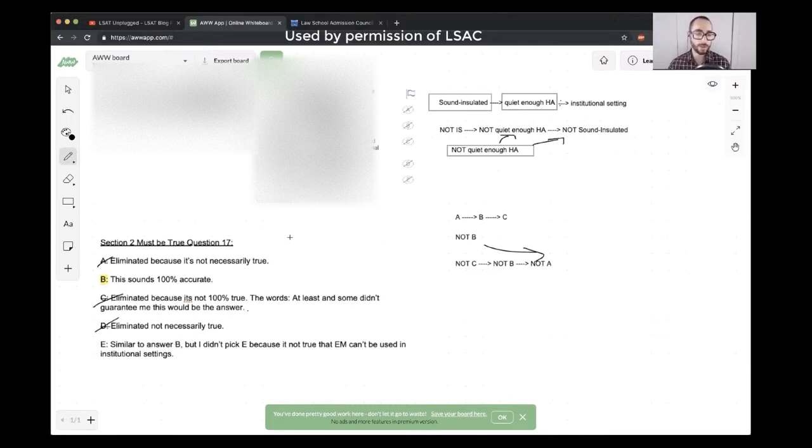Well, of course, what we do have here is that not quite enough means it's not sound insulated, as B says. It's not sound insulated because we know it's not quite enough. But to say not quite enough means not institutional settings, that's going backwards on the arrow. Not quite enough does not require not IS. Not quite enough requires sound insulated. So we can eliminate E for that reason.